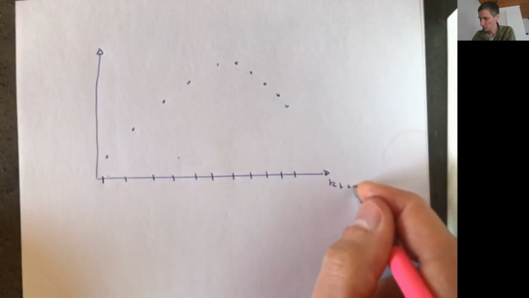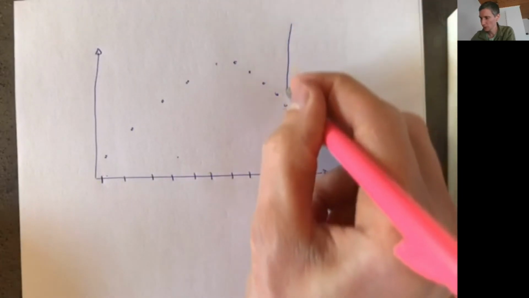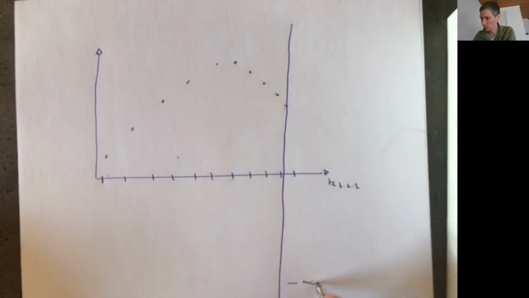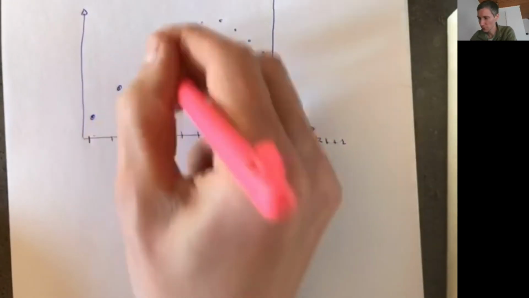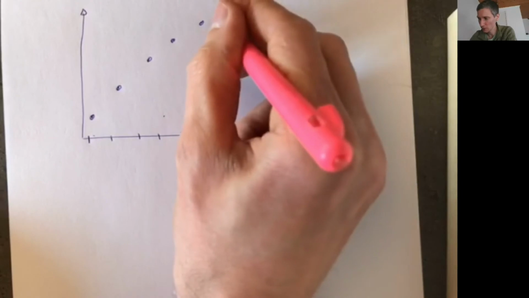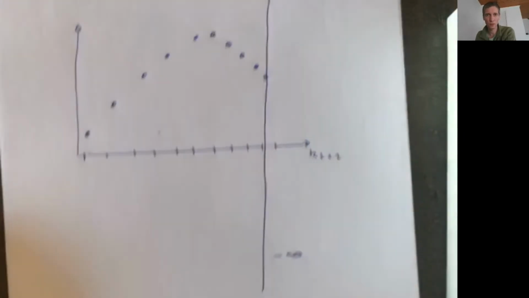And this is my choice variable kt plus 1, and if at some point kt plus 1 is too big, then basically I'm going to minus infinity because it's no longer feasible, right? So this is the kind of function that I would like to optimize. It first increases and then it decreases. So there's a unique maximum point here.